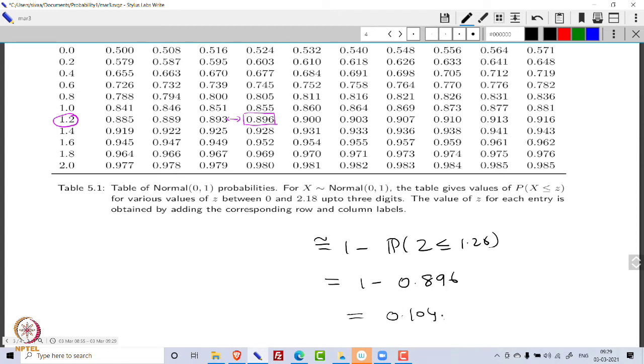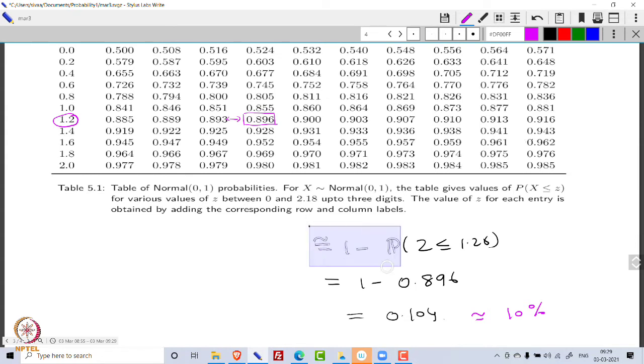So it's a 0.104 chance, about a 10% chance that my machine will fill my bags with 5 grams less than 200.